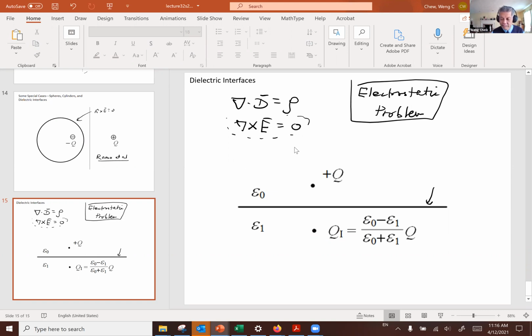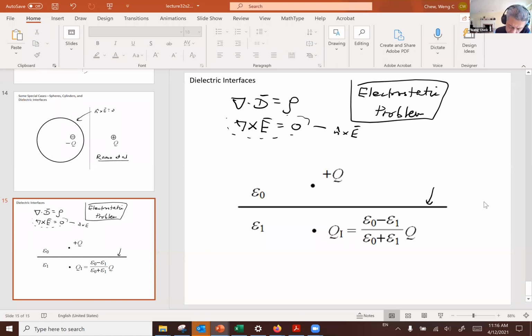Okay. What about Jason? What do you think is the boundary condition I should have for this Faraday's law? Is it the tangential electric fields are equal? Yes, tangential electric field continuous. Very good.